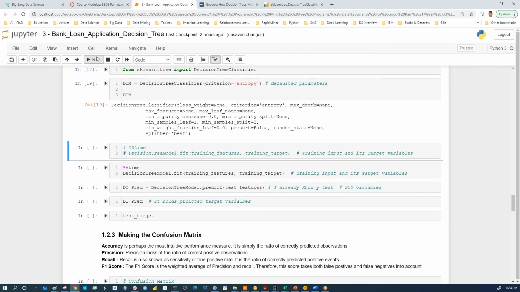Now, since we learned entropy, we are going to override the default criterion parameter to entropy, and simply tell it to calculate the entropy using minus probability of 0 multiplied by the log base 2 of the probability of 0, minus the probability of 1 multiplied by the log base 2 of the probability of 1.